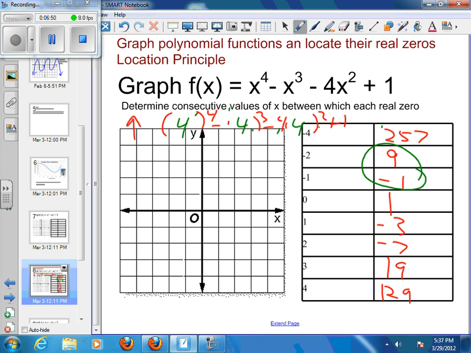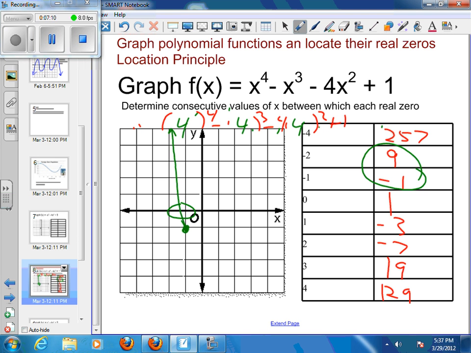And that's kind of what we're looking for here. So at -1, I'm at -1, but at -2, I was way up at 9. I'll make that steeper, because it really should be steeper than that. So somewhere in there, I have a 0.